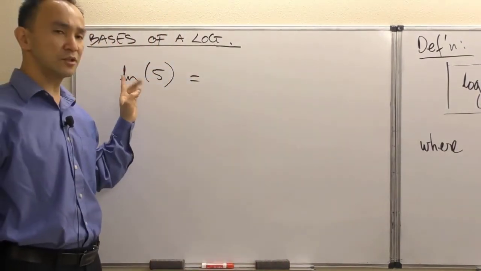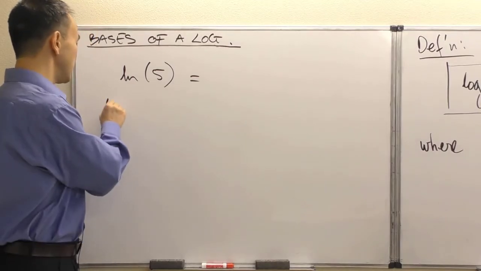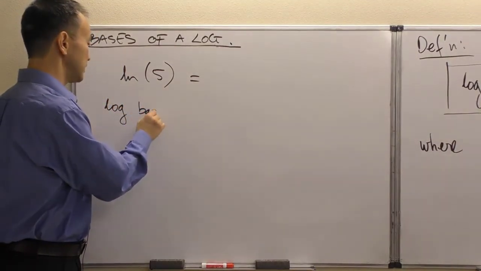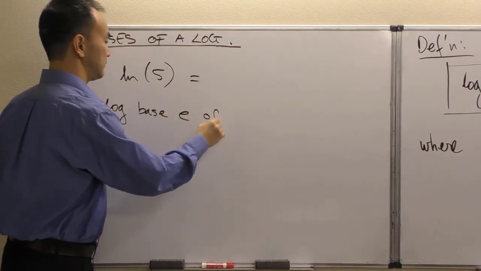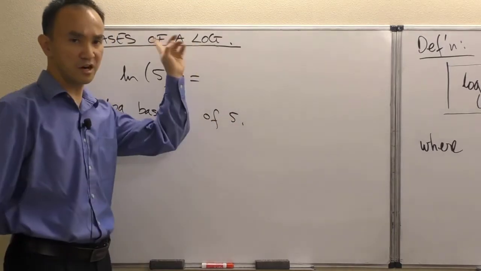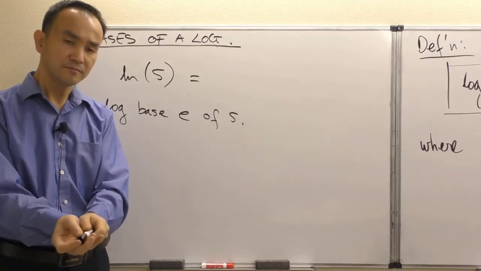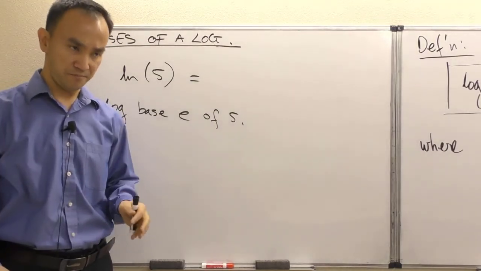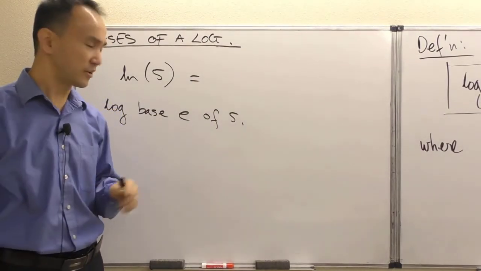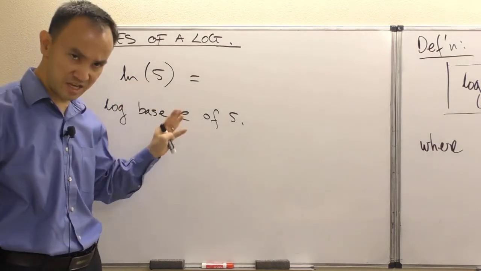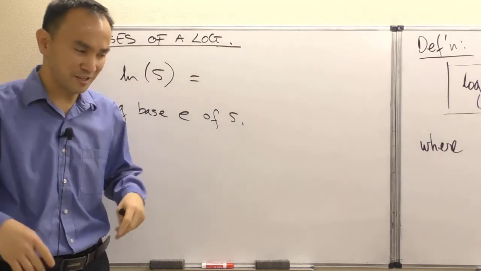So now this is log base e. This is the way we read log base e of 5. And of course, don't expect the answer to be a nice whole value or nice looking number. So now this is what we can do with the calculator. When it comes to log base e, we have a little bit more flexibility.